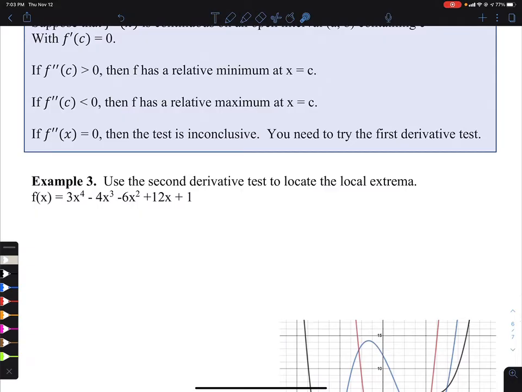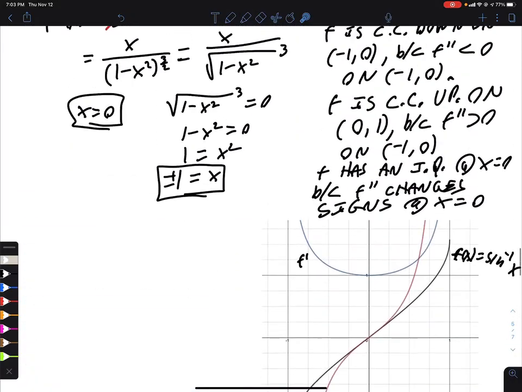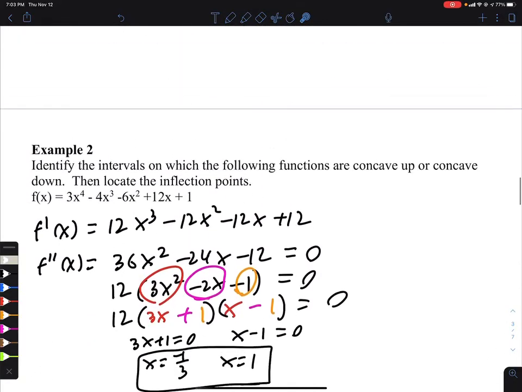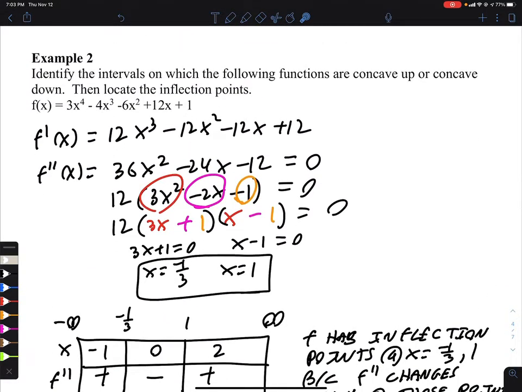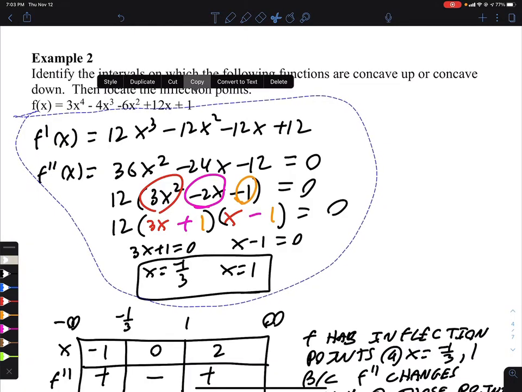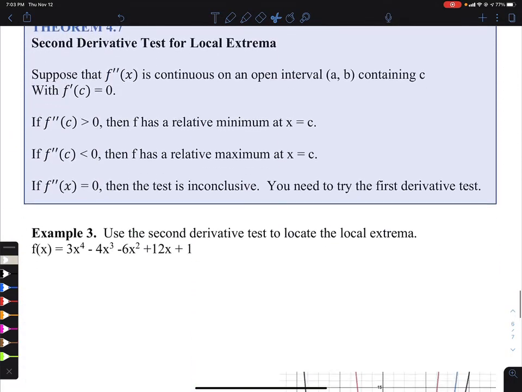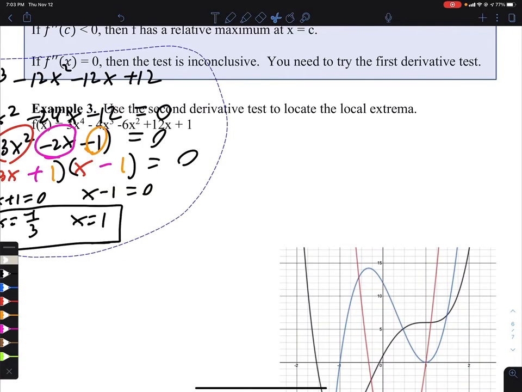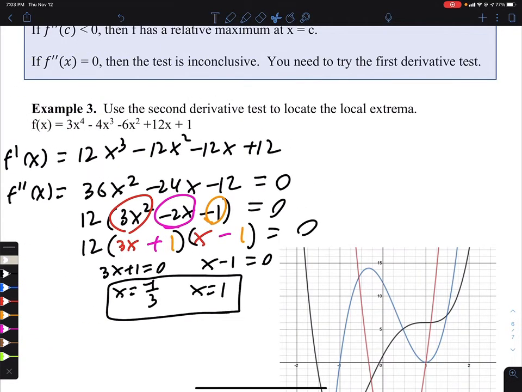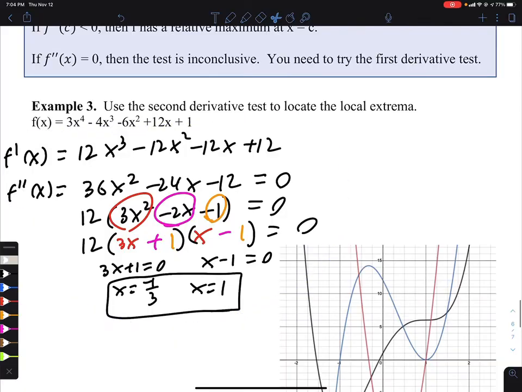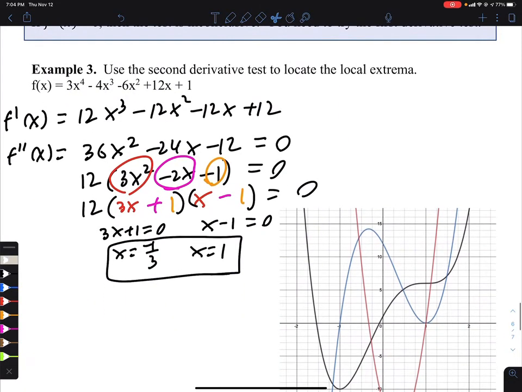Let's do this. We've already found the first and second derivative for this function, so I'm just going to copy and paste that. Same problem, so I'm going to make your life and my life easier. Copy. Paste. Oh, and it fits perfectly. So the second derivative is, well, actually we didn't do what we needed to do.